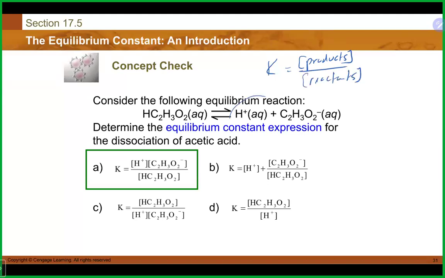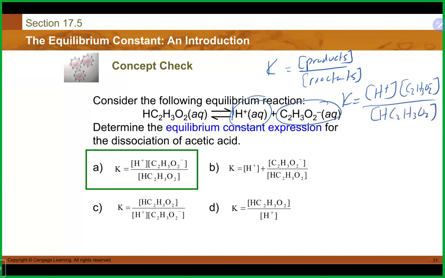And in this case, that is H+, so our K is going to be H+ concentration. It is to the first power, so we don't have to do anything. This guy is going to be our acetate, also to the first power, divided by our acetic acid, which is also to the first power as well. And that would be our equilibrium expression.